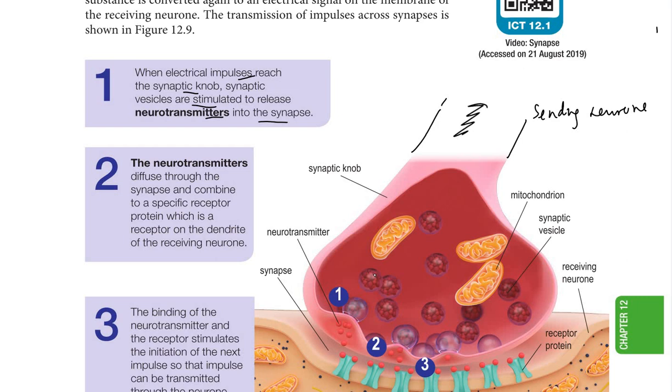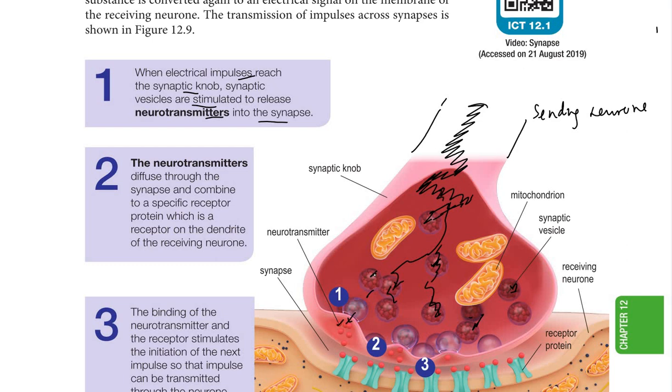So this impulse will stimulate the synaptic vesicle to release the neurotransmitter.